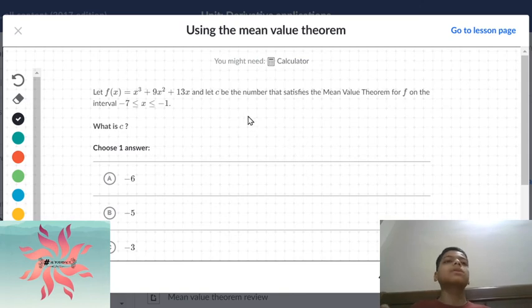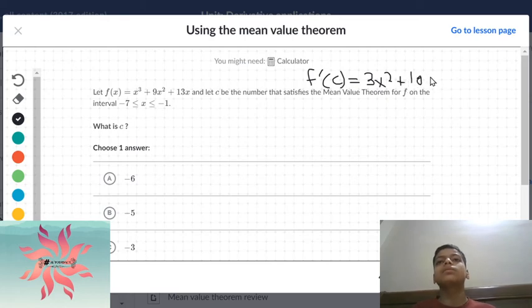So let's check. Correct. Let f of x equal x cubed plus 9x squared plus 13x. First, let's find the f prime of x. f prime of x is equal to 3x squared plus 18x plus 13.